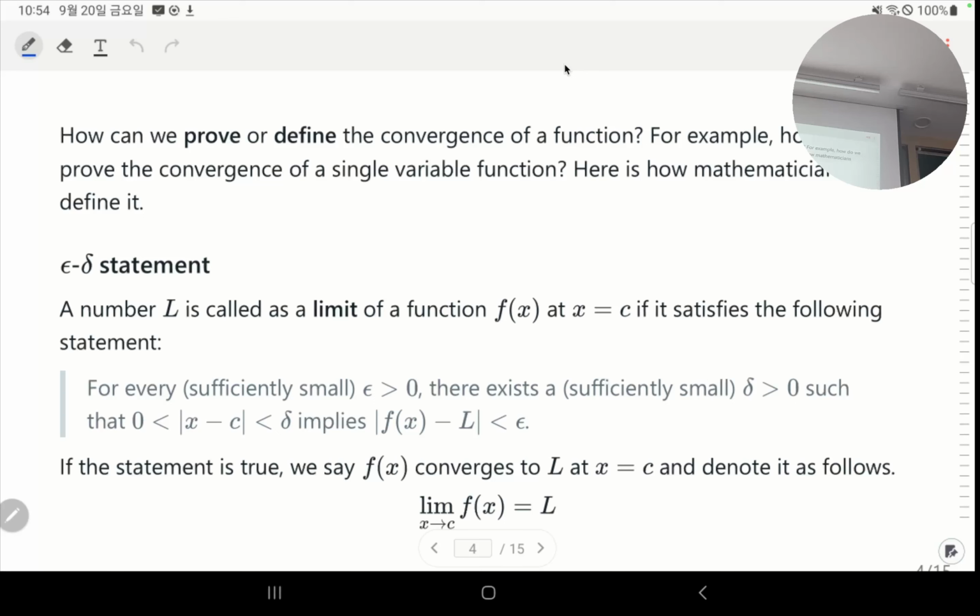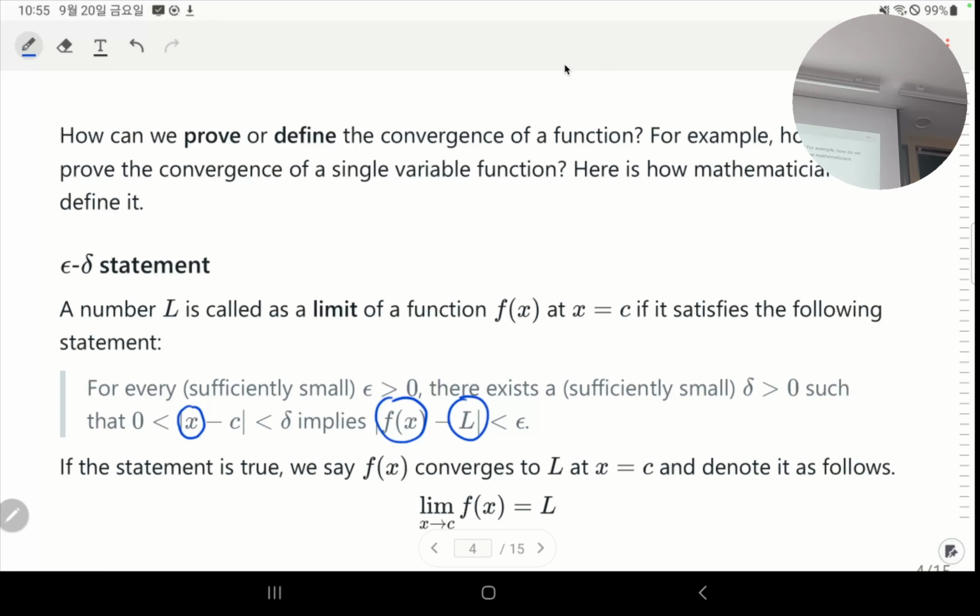Whenever you want to see the value of the function, you have to compute that value, and then what you want to compare is the difference between the value of the function here and the actual number that you're expecting it to converge to. I want these two values to have a small difference. So how small should I change my x from c so that this difference between f and L is less than epsilon? That's the question.